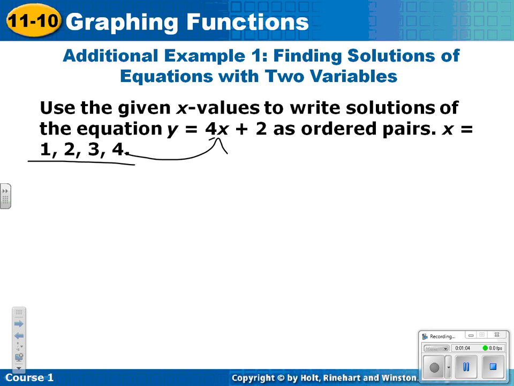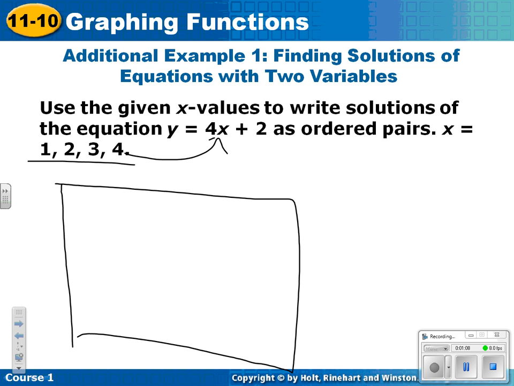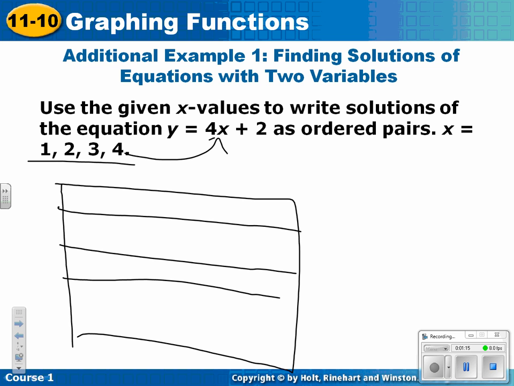So, what I suggest and what you should do in order to solve a problem like this, you should make yourself a table that looks like this. And you have x here, and you have y here, and this is what I want you to do, actually.